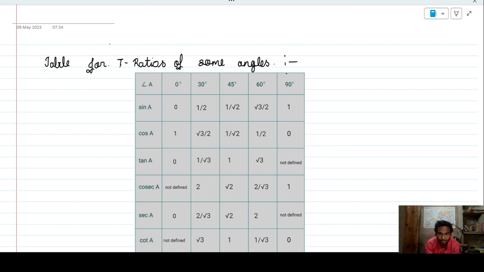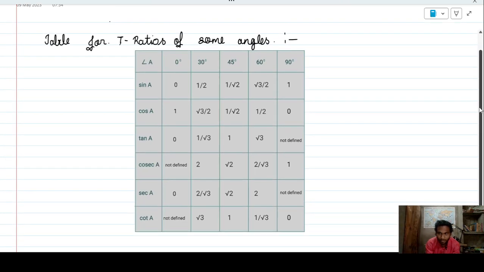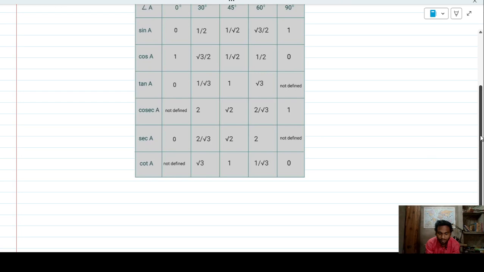This is the table. हम प्रीवियस वीडियो में इन सभी की वैल्यू फाइंड कर चुके हैं. दिस वीडियो में हम डिस्कस करेंगे टेबल. ये अपनी कॉपी में नोट करनी है एंड लर्न करनी है. इसकी प्रॉब्लम डिस्कस कर रहे होंगे.